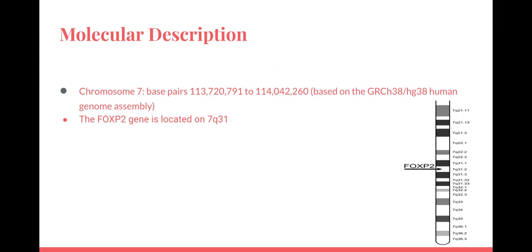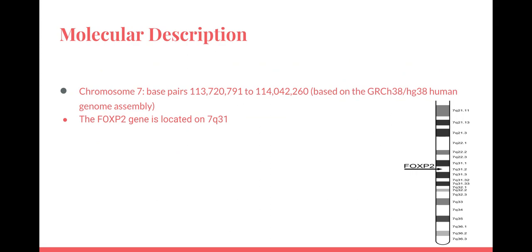That makes the gene over 321,000 base pairs in size, quite large for a single gene. This region of chromosome 7 is known for containing several genes related to brain development and neurological function, which reinforces FOXP2's importance.